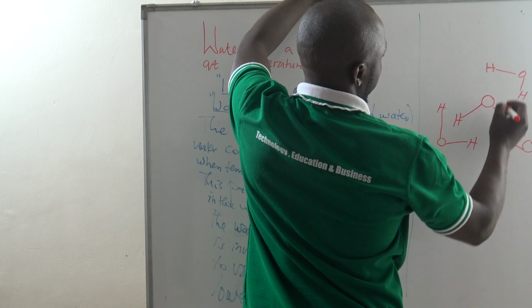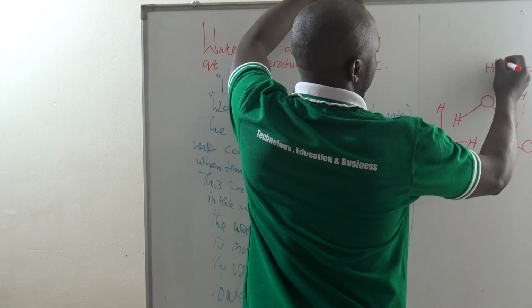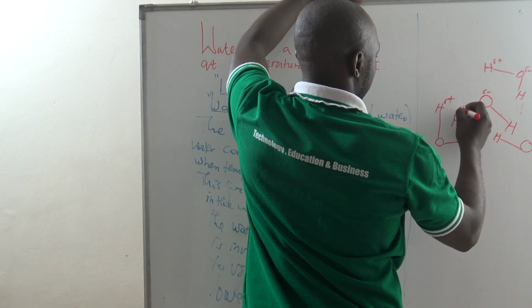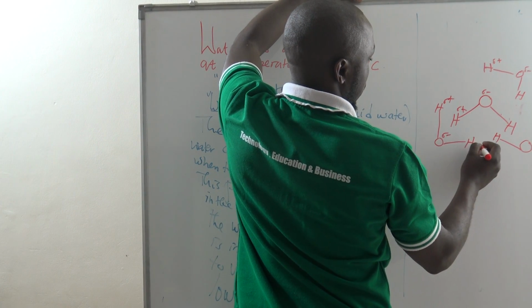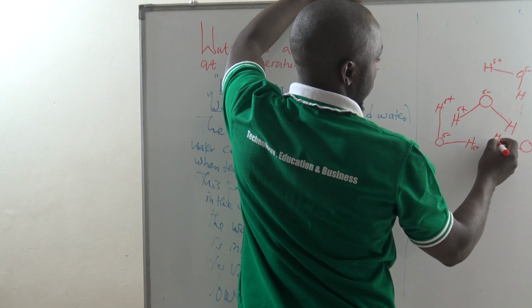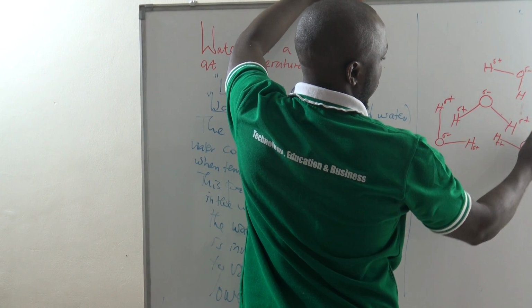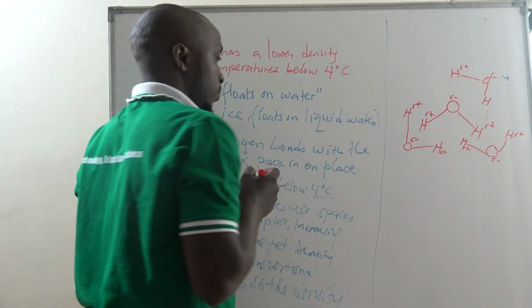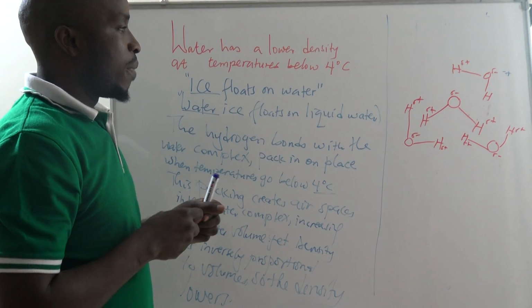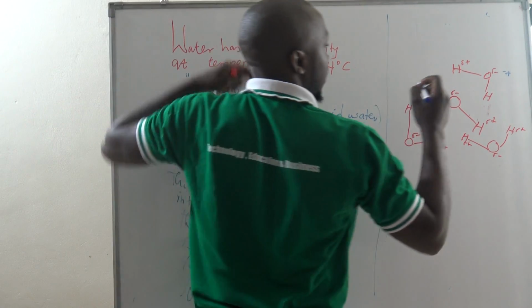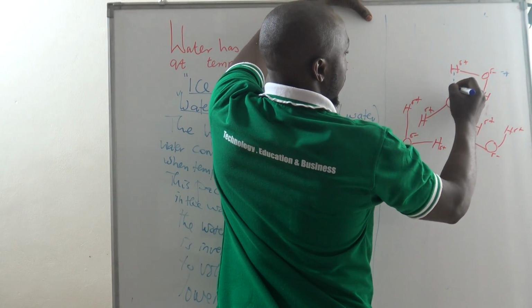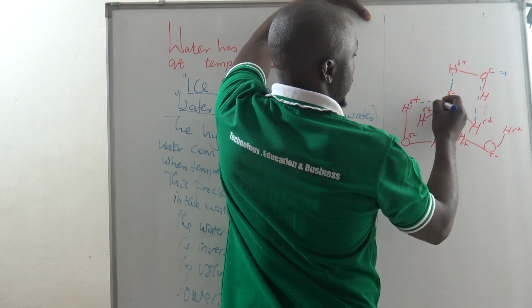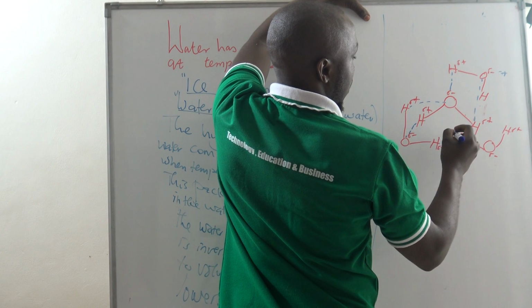Just to illustrate, that is partial negative, partial positive, partial negative, partial positive, and so on. So they are linked together by hydrogen bonds, which were already illustrated. So we have our hydrogen bond there. We can have a hydrogen bond here. We can have a hydrogen bond there. We can have it here.